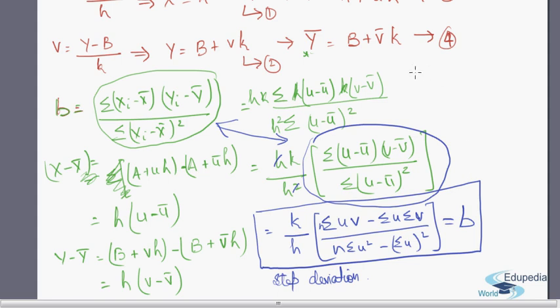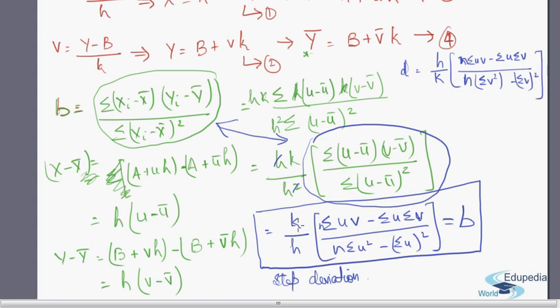And in case of d, we'll have h by k times the same thing: n times summation uv minus summation u summation v, divided by n times summation v square minus summation v the whole square.